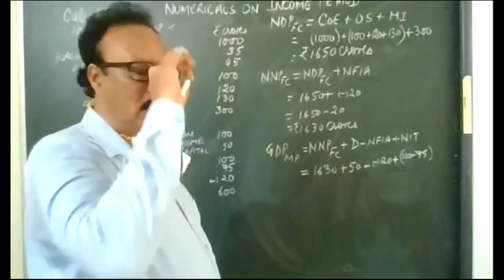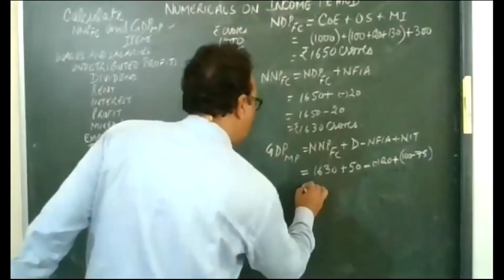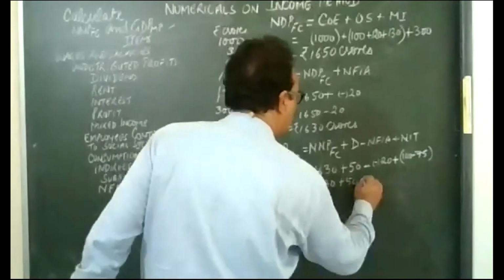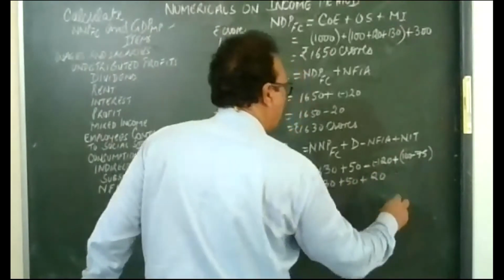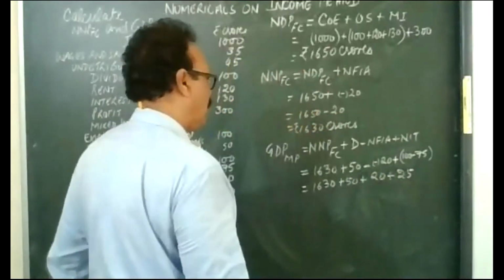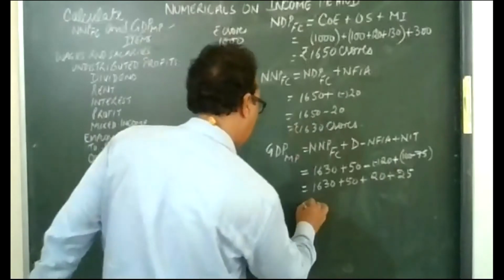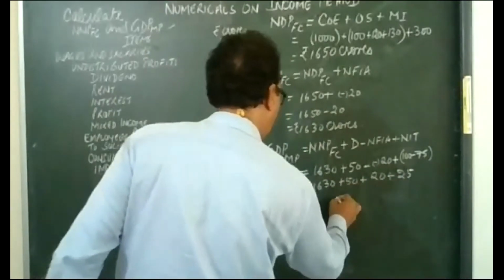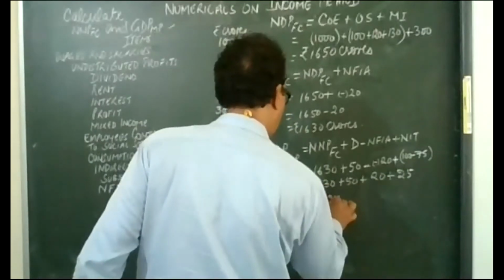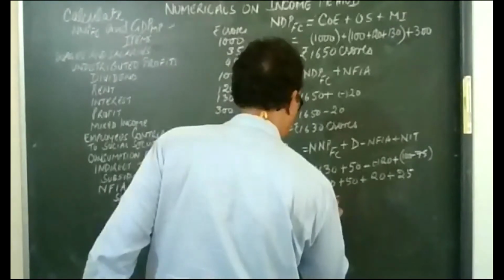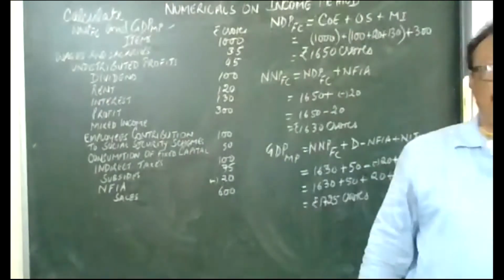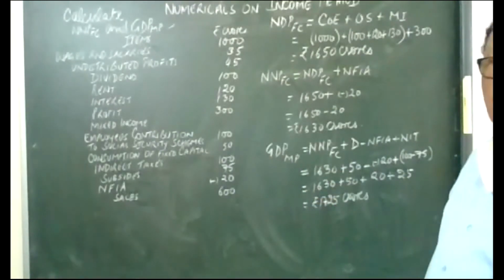Work it out. 1630 plus 50, minus into minus is plus 20, and here plus 25. Add them up. 1725 crores is your GDP at market price.